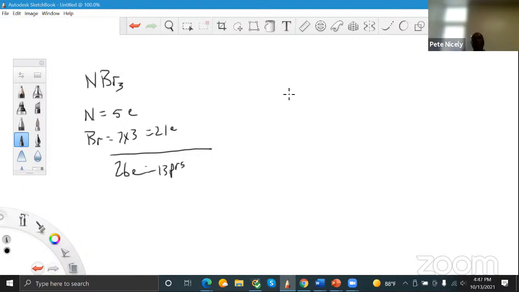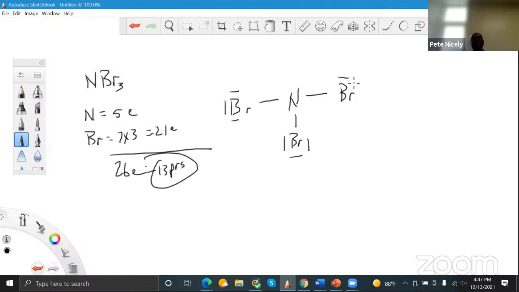So we put the nitrogen in the middle, surrounded with the bromine, because the nitrogen is the single atom in this formula. And then we put the bonding pairs, 1, 2, 3. So we have used 3 of the 13 pairs. And then 4, 5, 6, 7, 8, 9, 10, 11, 12, and then 13.